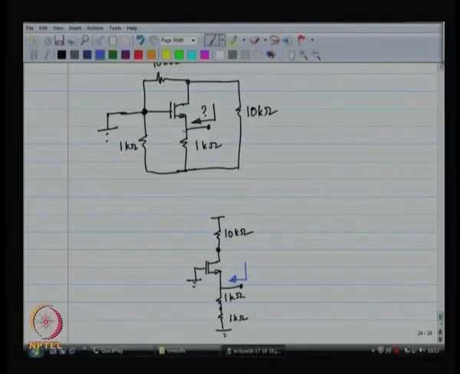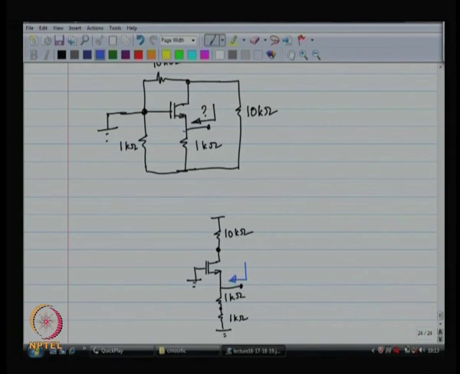No, it can't be correct. I am missing out some resistors. Okay. So, let us redraw this. So, I have got the gate connected to ground, that is fine.